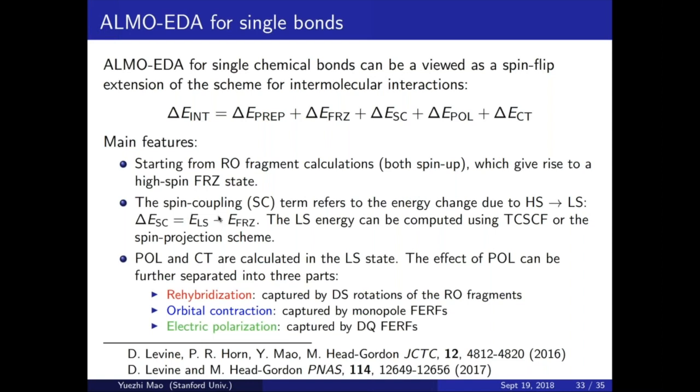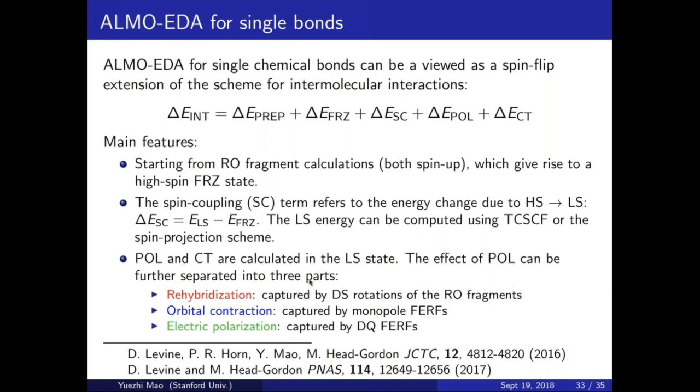So it's the low spin state energy minus the high spin frozen state energy. And this low spin energy can be calculated using a 2 configurational SCF or using the spin projection scheme. And the polarization and the charge transfer are calculated in the low spin state.